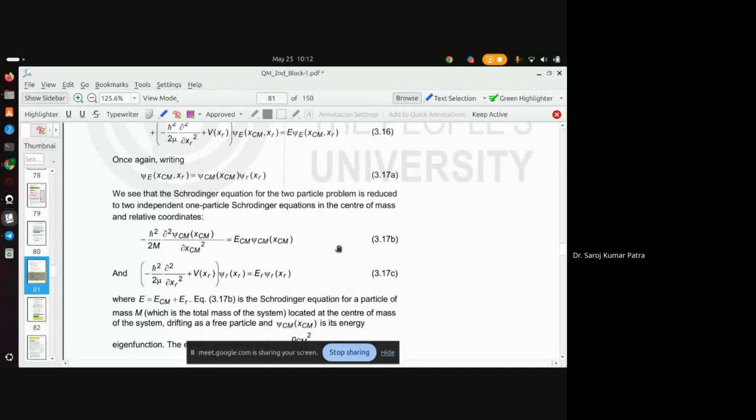Then the reduced equations are very much familiar. The first differential equation for the center of mass is like a free particle. There is no potential. And for the second one, in the reduced mass system, we know what the potential is. Once we know the potential, we can solve. It is more like solving the time independent Schrodinger equation. So that should be fine.